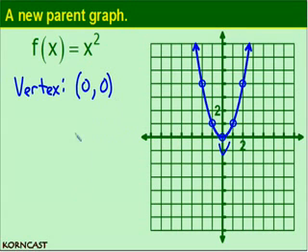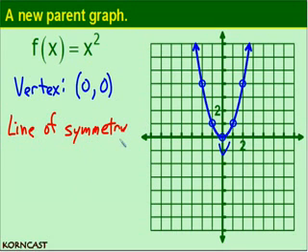Now the next important piece of information is our line of symmetry. The line of symmetry, if you recall, has to go through the vertex, and it basically separates the graph into 2 equal pieces.